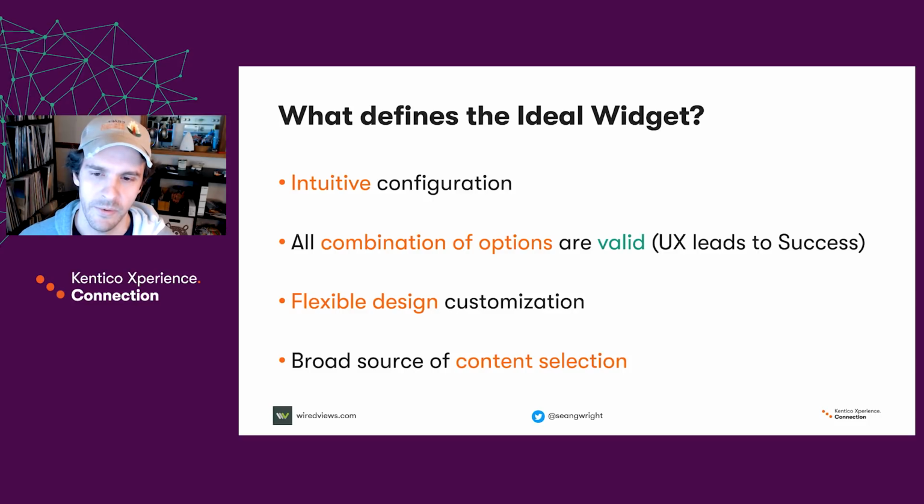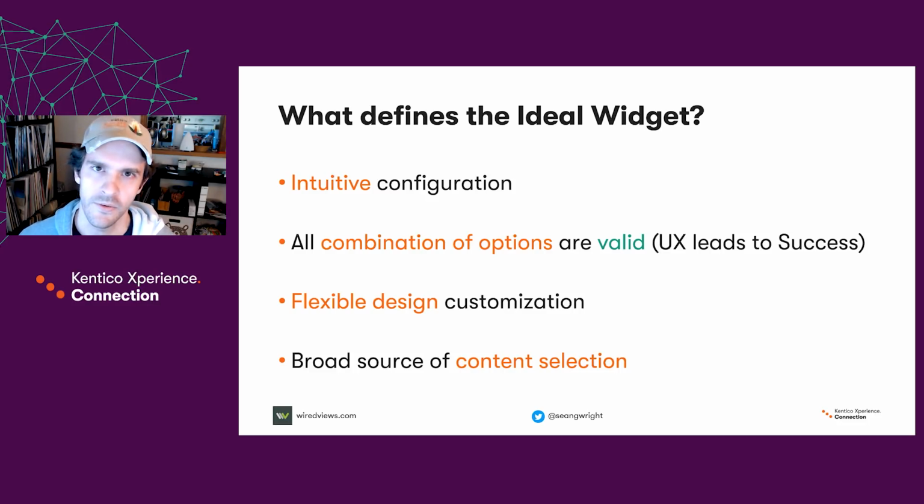And we also want to be able to have a broad source of content selection here. That's because if we can pick from a huge set of content on the site and it all works with the same widget, then we'll end up with a widget that we reuse a lot on the site. And content editors will become used to using that widget and selecting the right combinations of options and the right source of content for building out potentially an entire page or an entire section of the site.